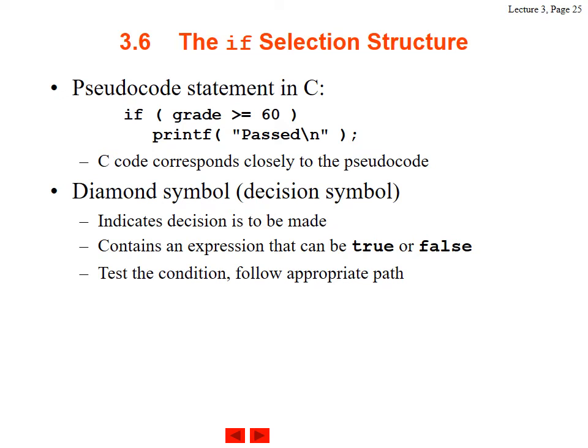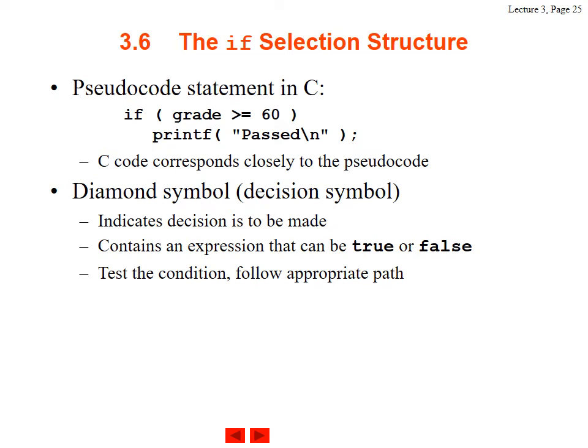So this is almost a correct C program, except that we have not defined the grade. If we had declared grade as an integer or something, this would be part of the program that would run using the if selection statement, right?